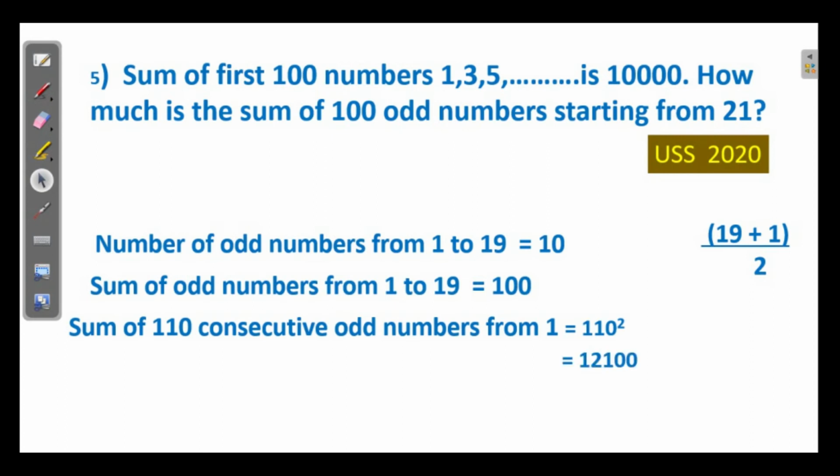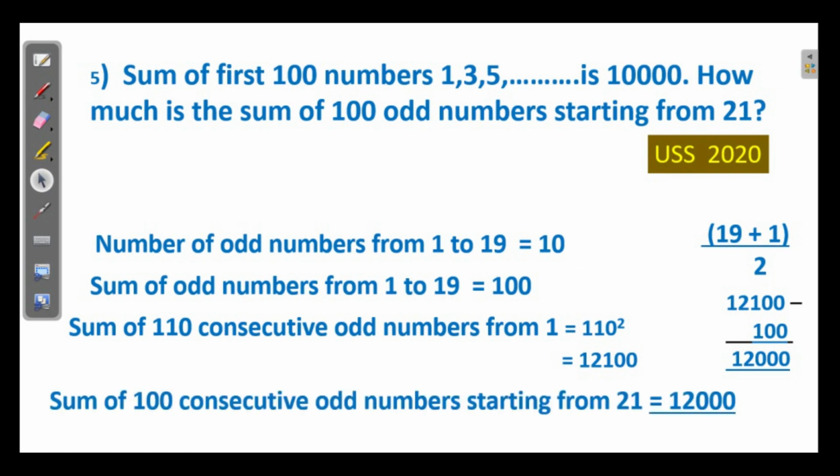So, it is 121 and 2 zeros. 11 square is 121 and then put 2 zeros. 12,100. And 12,100 minus 100 is our answer. That is 12,000.